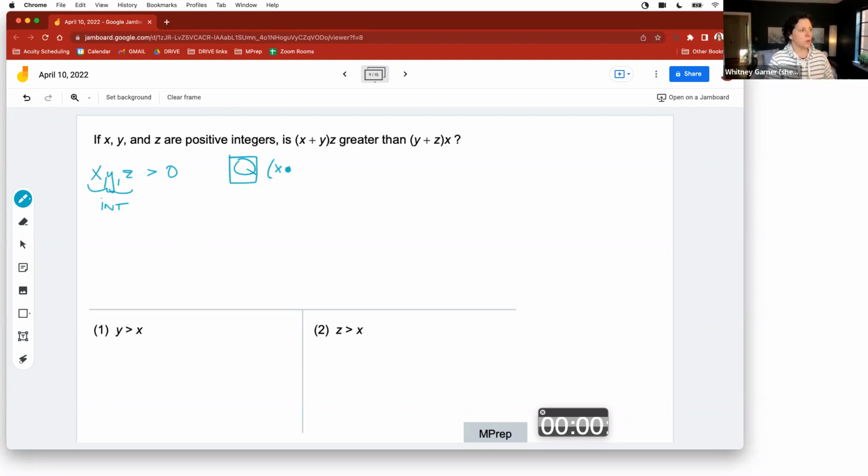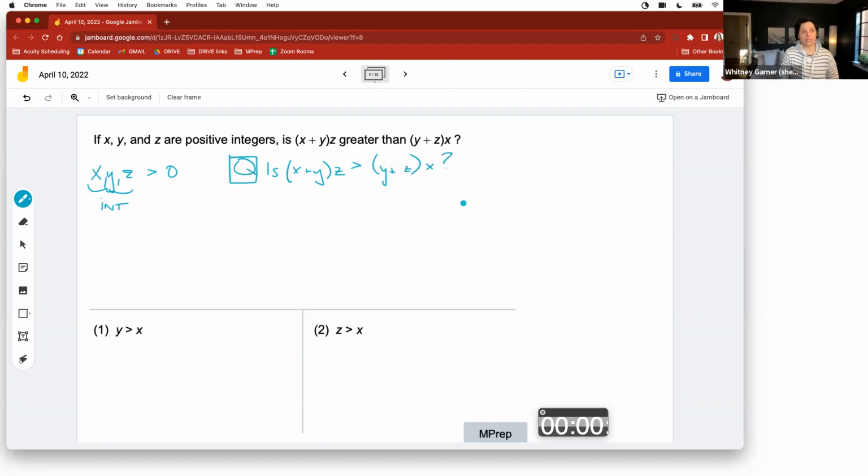I'll write X plus Y times Z. Sorry, I should say, I will write this as the question that it is. I will ask, is X plus Y times Z greater than Y plus Z times X?